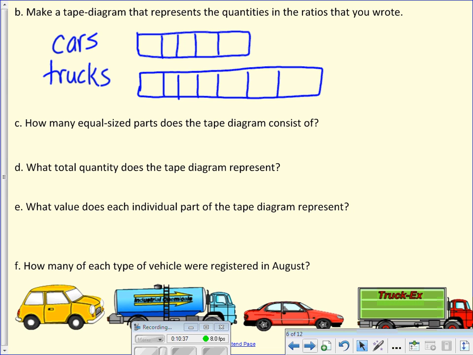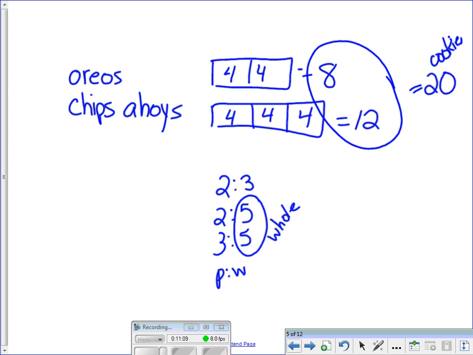Okay, everybody draw that. So how many equal size parts or units does the tape diagram consist of? What did we say our whole was? How many units are there? 12. But now, what quantity does this represent? Think about my cookie example. I had 5 boxes.